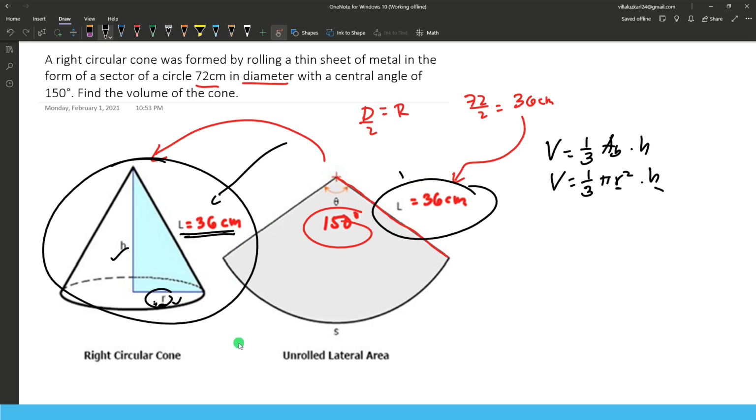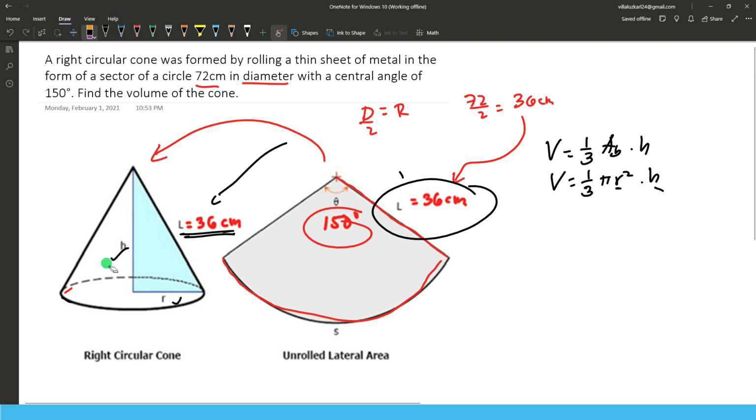So what we will use here is an equation equating the circumference of the base, which is the circle right here, to the length of arc of the sector, because they are equal.